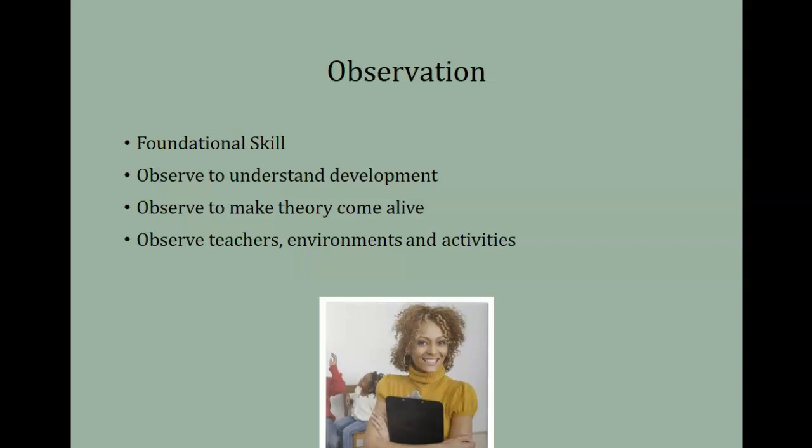You can see a child struggling through something and needing assistance to being able to eventually do that on their own. So being able to understand theory, recognize it, and see it happening right before your eyes. And then you need the skill to be able to observe other teachers, the environments and the activities in a classroom.